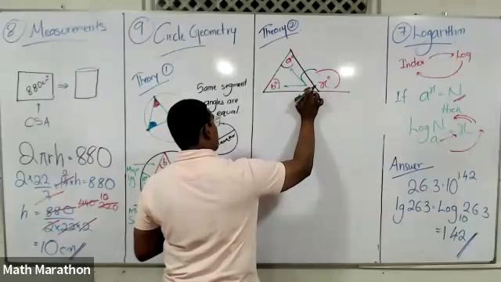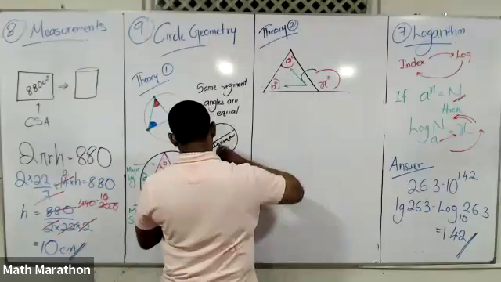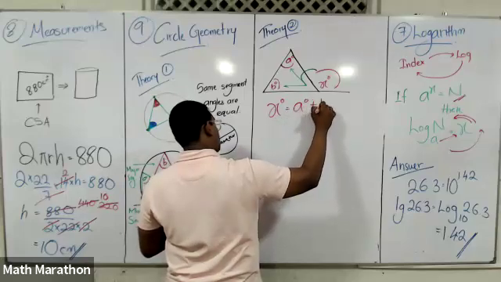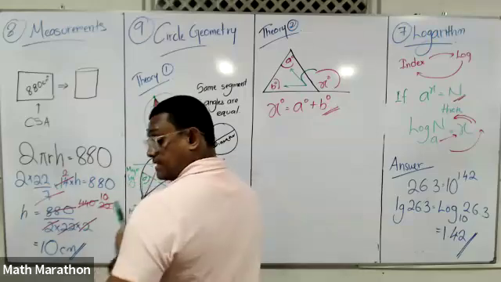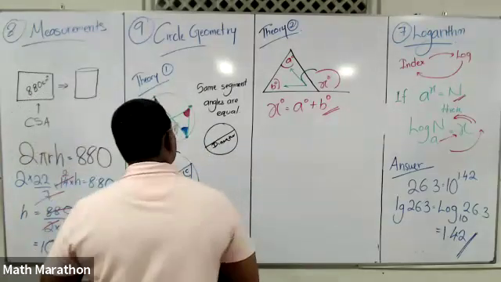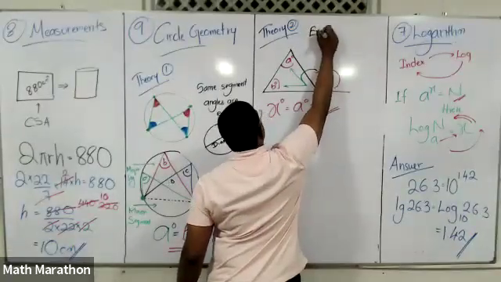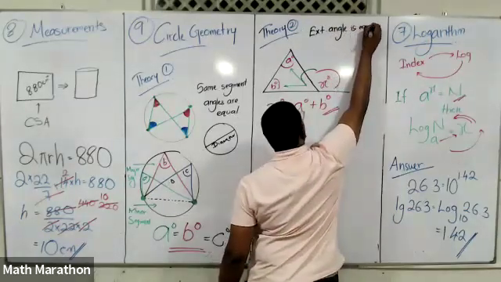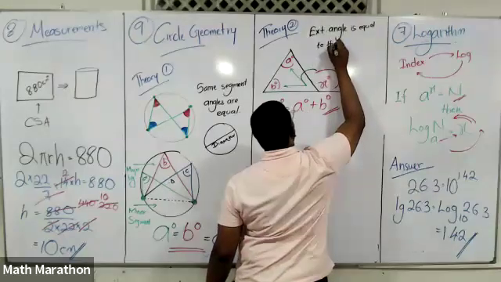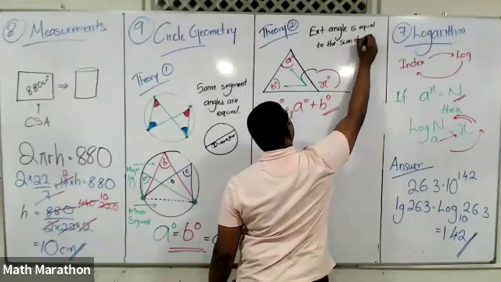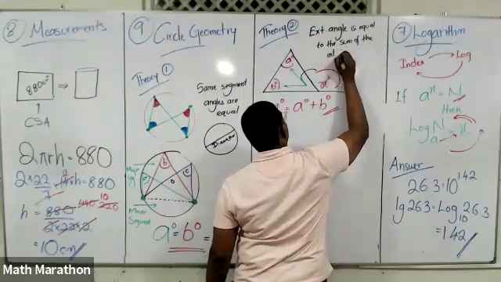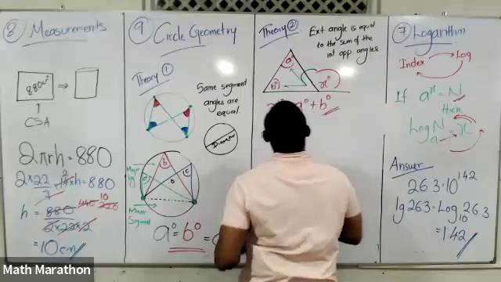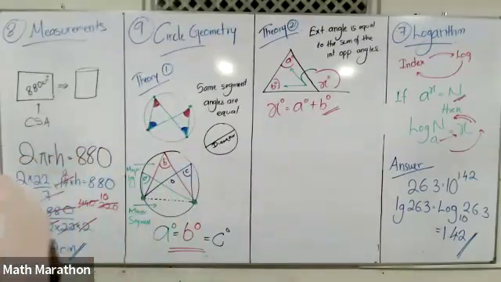X equals A plus B. The exterior angle is equal to the sum of the interior opposite angles. That is the theory. Theory number two.